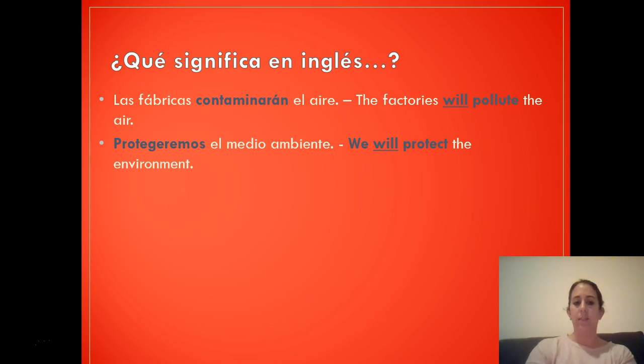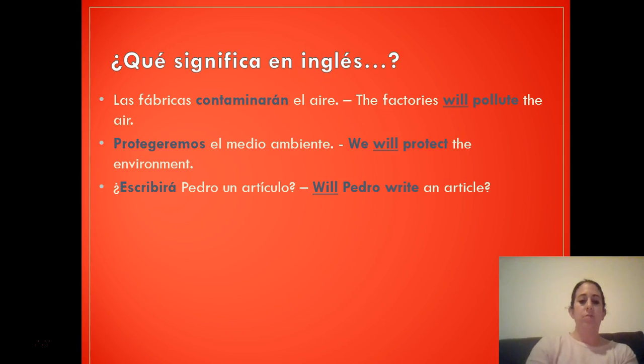We will protect the environment. So protegeremos, we will protect. And then escribirá Pedro un artículo. So will Pedro write an article? Remember, when we're asking a question, our subject, Pedro, comes after our conjugated verb.